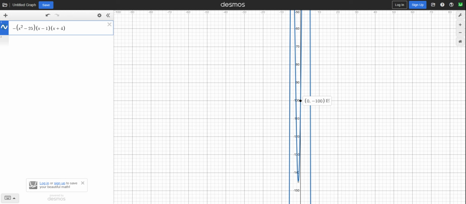Starts at negative infinity, and you have to go from small to big. It ends at positive infinity. So this one to here, so that's -5. Then -4 to 1. And then 5 to infinity.